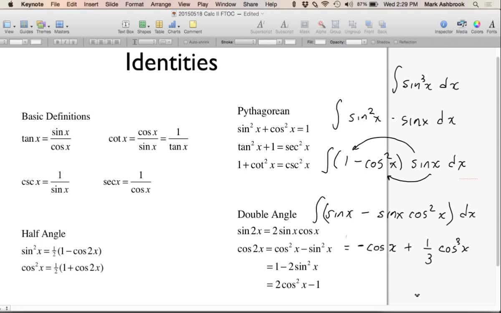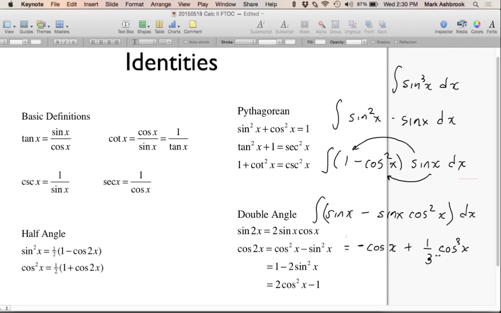And always, if you're not quite sure, what can you do? Check. Take the derivative. So don't feel anxious that you've got to write it down perfectly the first time, because we always know that we can take the derivative and check. So let's just do it for that second one.